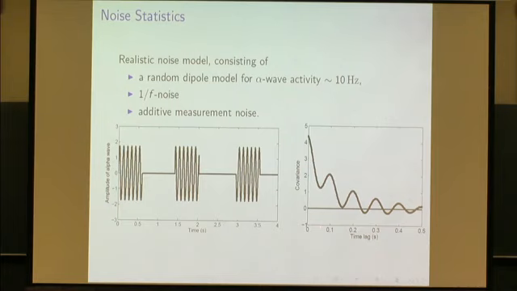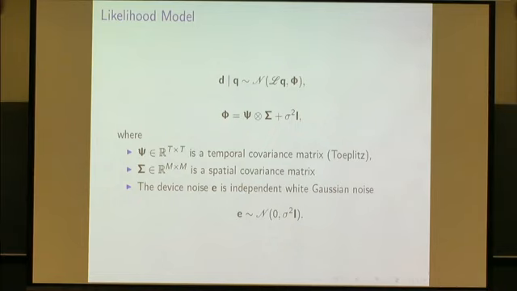Typically, this is 10 hertz. What we use is a covariance which is a Kronecker product of the temporal and spatial parts. The temporal part is based on this alpha noise simulation. It's a Toeplitz operator because we assume stationary noise, and then we have a spatial part.